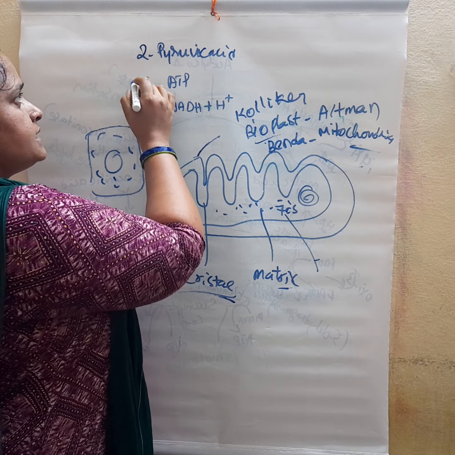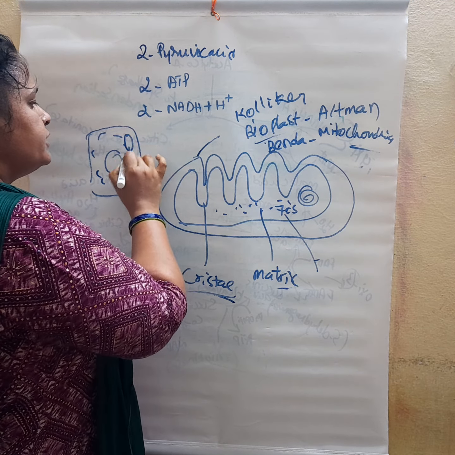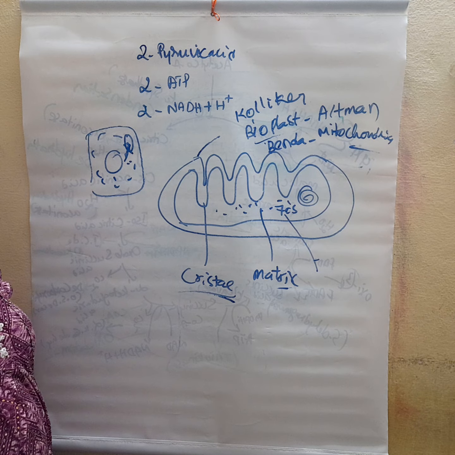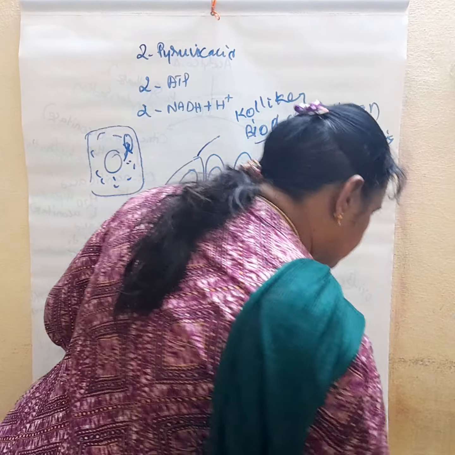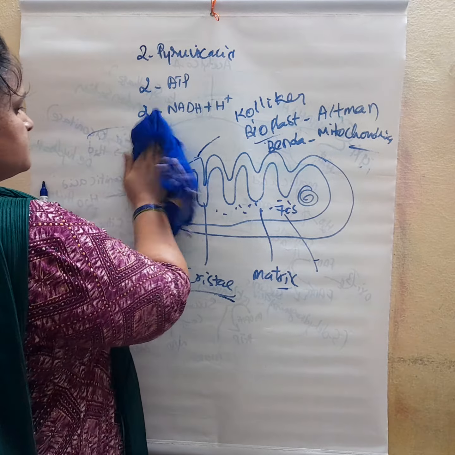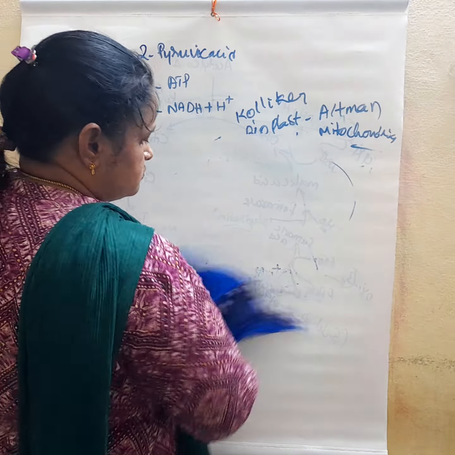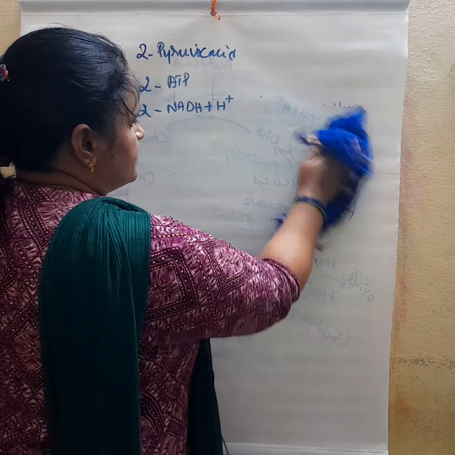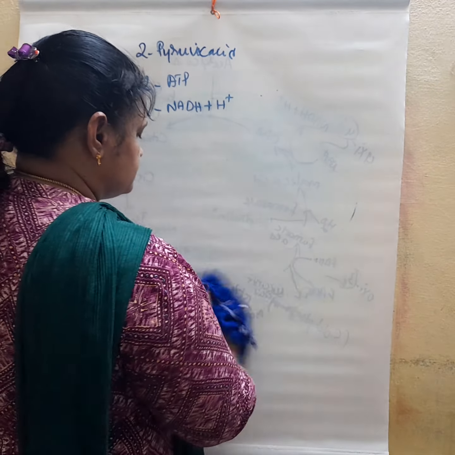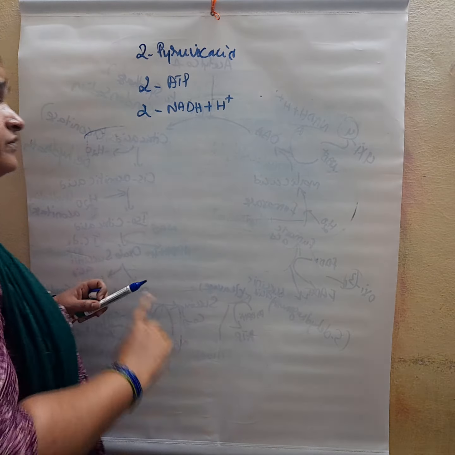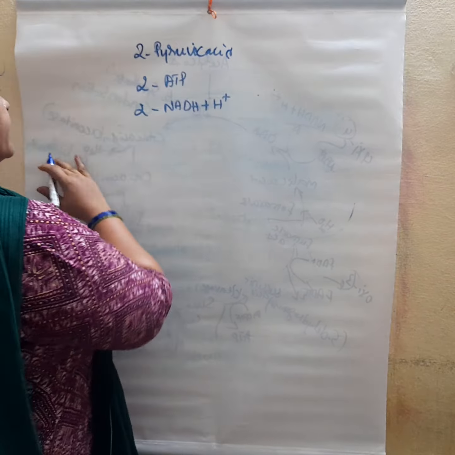Now the pyruvic acid formed in the cytoplasm enters the organelle called mitochondria. So what happens in mitochondria? After entering the mitochondria, first it enters the matrix.